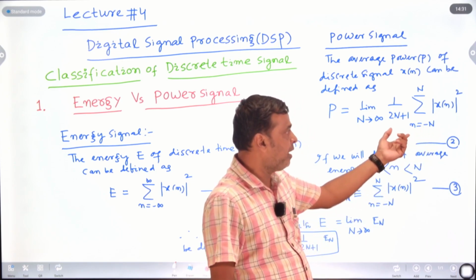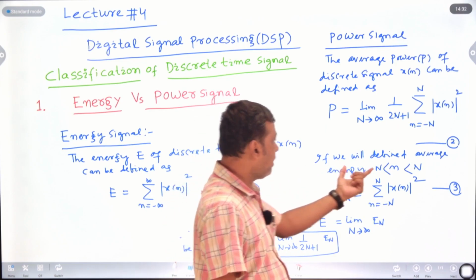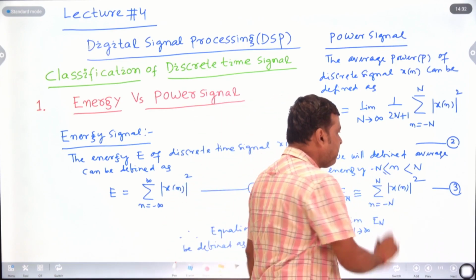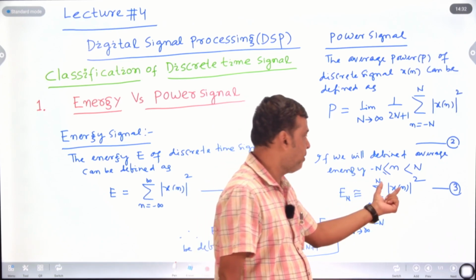The limiting values are minus N to N. If we consider the energy for a certain period, n greater than or equal to minus N to N, then the limit can be changed to n equal to minus N to N of |x of n| squared.